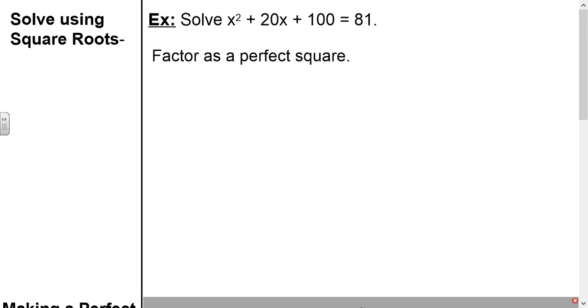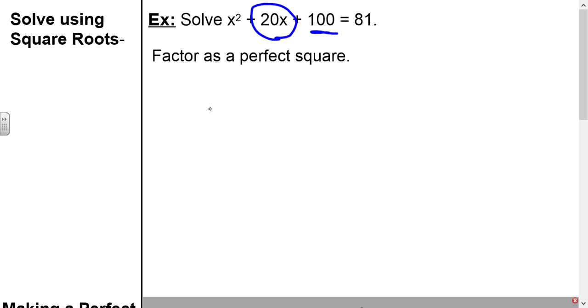In order to do this, first we have to factor x squared plus 20x plus 100 as a perfect square. What factors multiply to be 100 and add to be 20? The answer is 10 and 10.